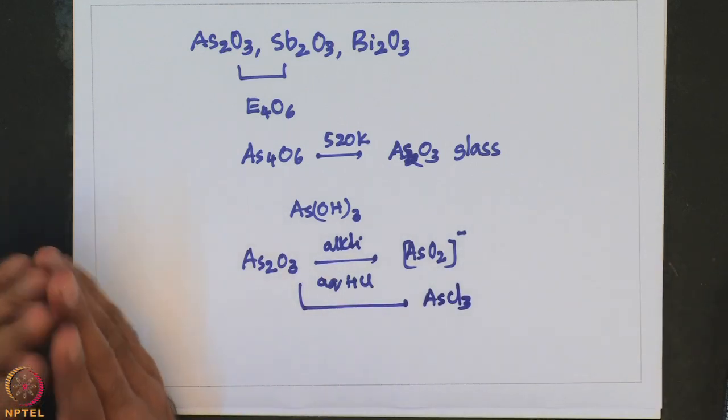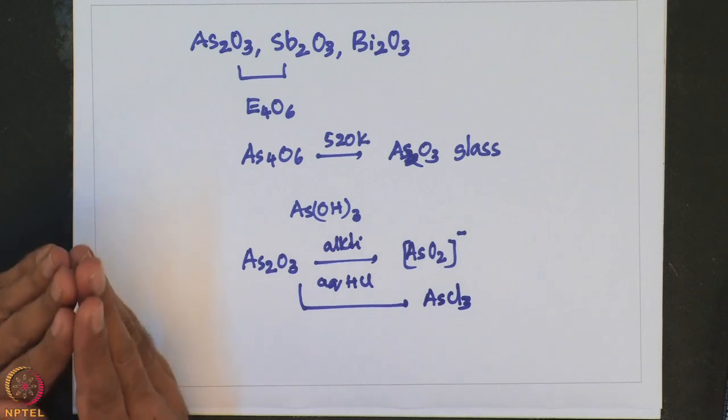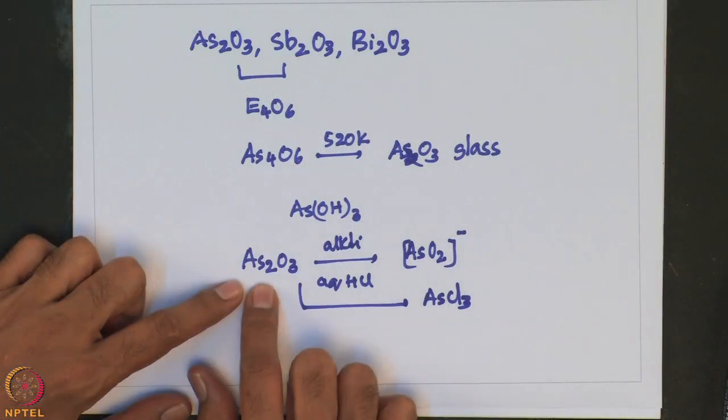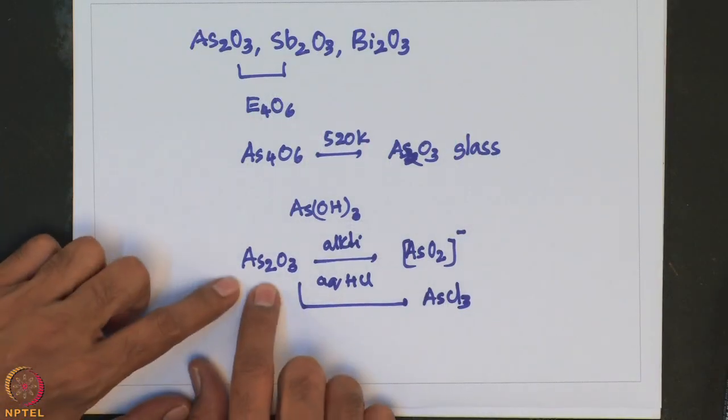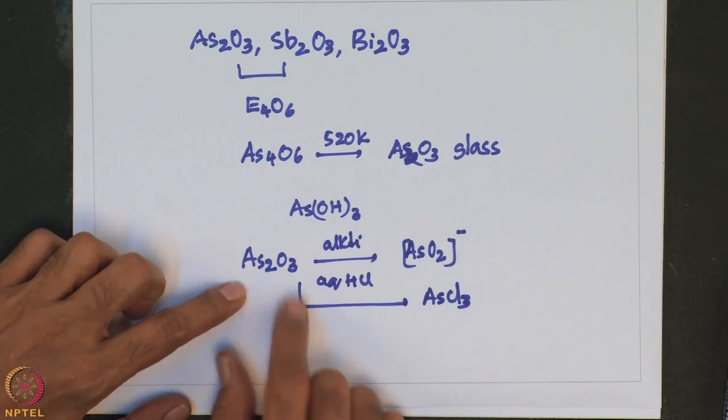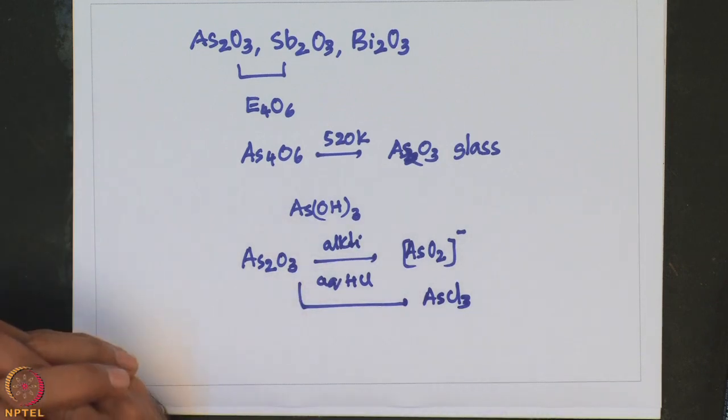The properties of Sb2O3 in water and aqueous alkali or HCl are very similar to arsenic oxide. That means antimony behaves in a similar fashion.